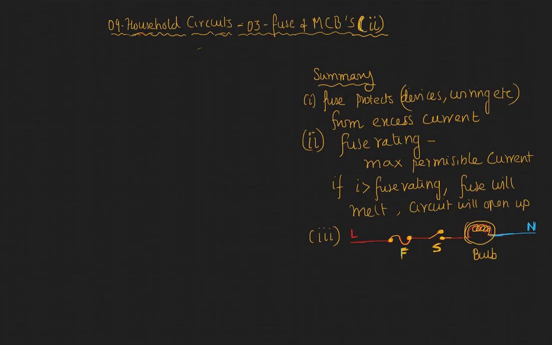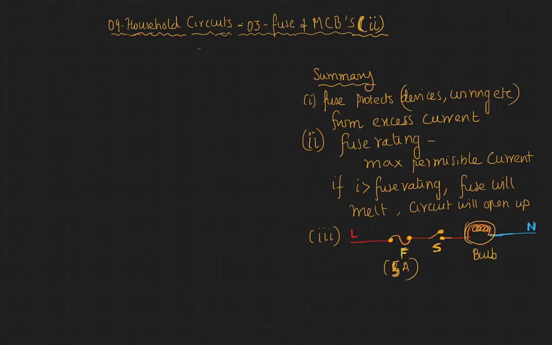So here's a summary of what we talked in the previous video. The fuse protects devices or wiring from excess current being drawn, and a fuse rating is a numerical value. For example, we can say this fuse has a fuse rating of about 2 amperes or maybe 5 amperes. What that means is it's a max permissible current.